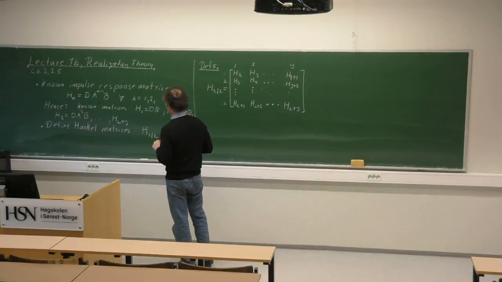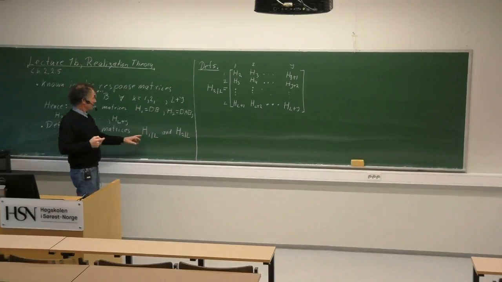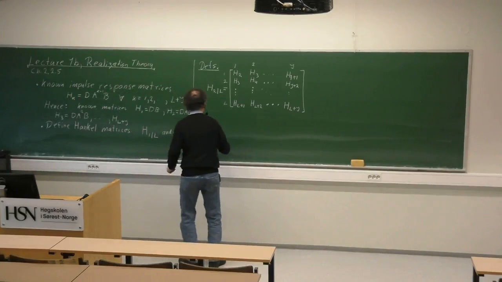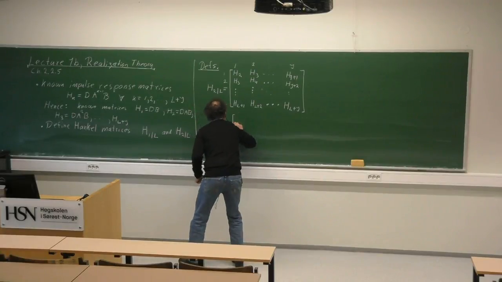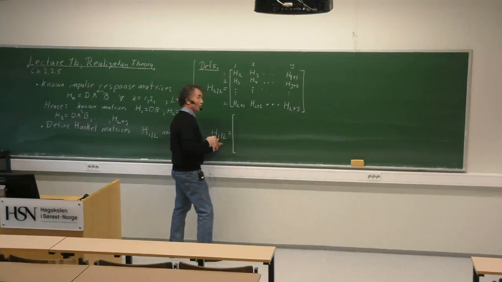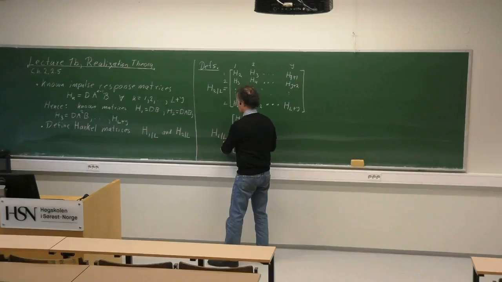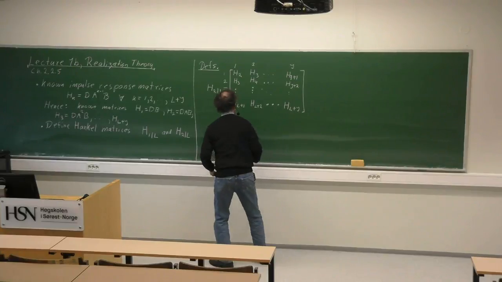Now we can write up the first Hankel matrix H_1 given L, because this one should have the same number of columns as this one. Then we have H_1 given L equal to: starting with the number 1 means that we should use Hankel matrix H1, stacking L of them above each other, H2 down to H_L.